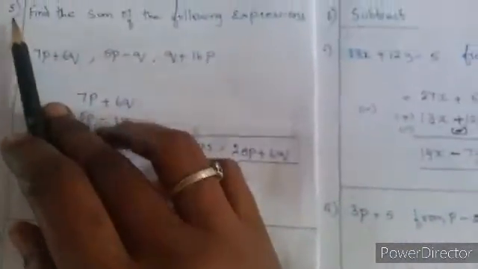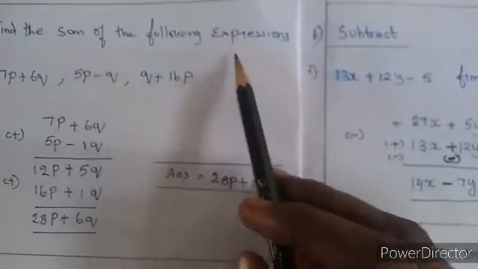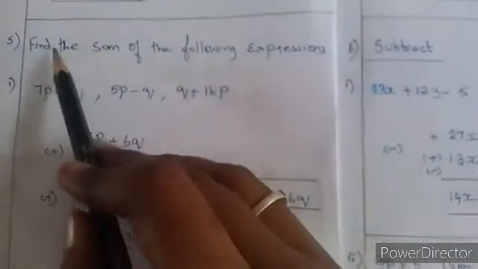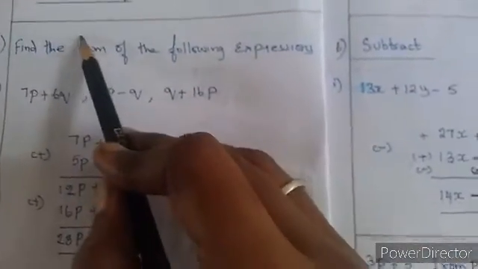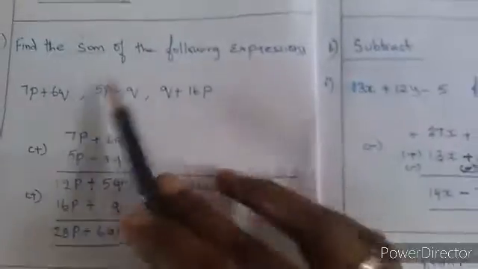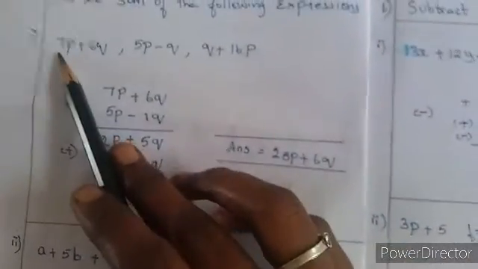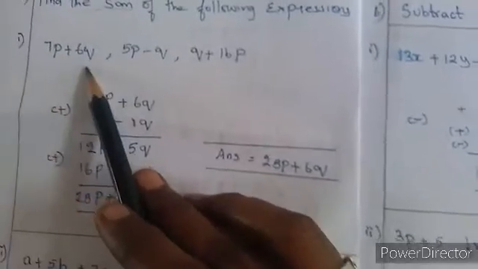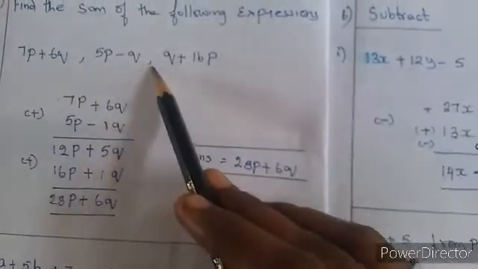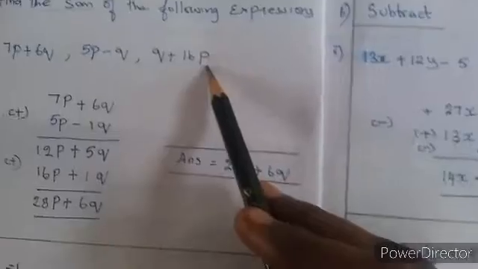Question number 5, find the sum of the following expressions. Sum means we have to add the following expressions. So first subdivision, what is given? It is 7p plus 6q, 5p minus q, q plus 16p.